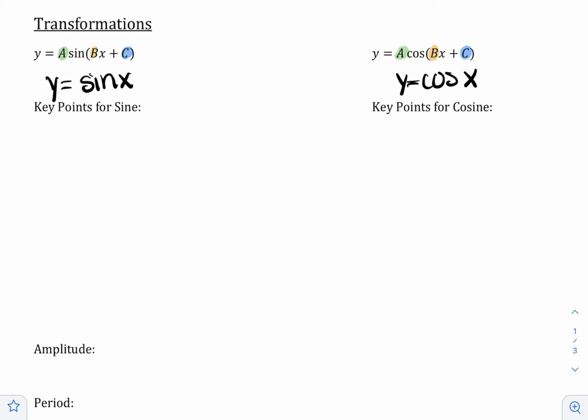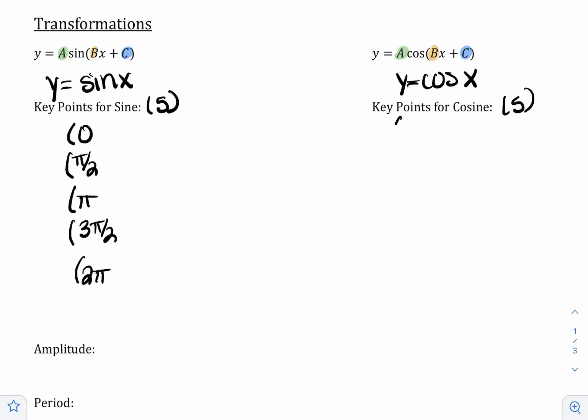So when you're doing your basic graph, your basic graph is either going to be sine or cosine, very easy to see, whichever one is in the equation. You're going to have key points that you're going to transform, and both of them are going to have 5, and they're going to be really easy to know which one they are because they're the axis angles. So it's going to be 0, pi over 2, pi, 3 pi over 2, and 2 pi.